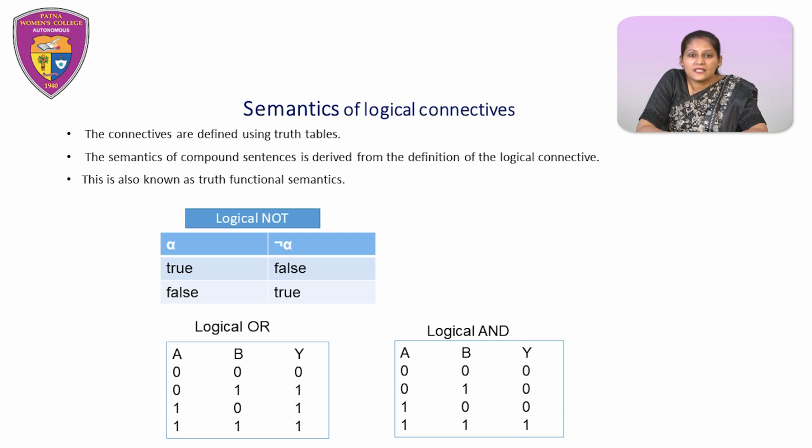Here is the table for negation. This table is easy to understand. If P is true, its negation is false. If P is false, then its negation is true. Likewise, in the case of logical AND, it is true when P and Q are true and false otherwise.